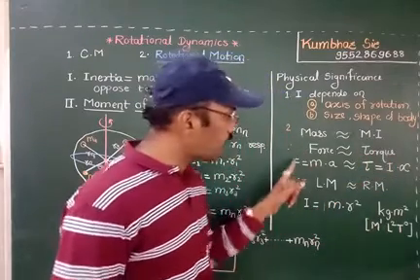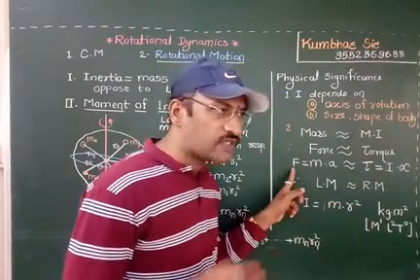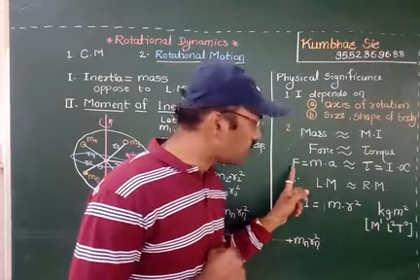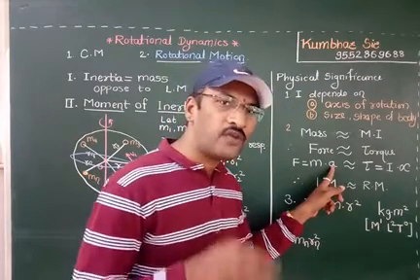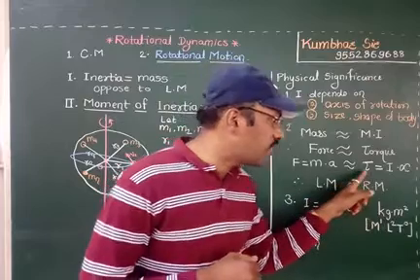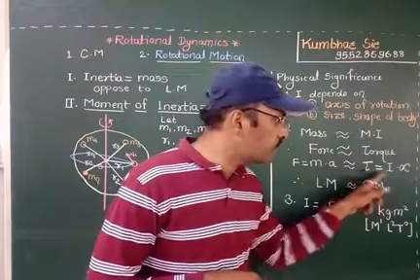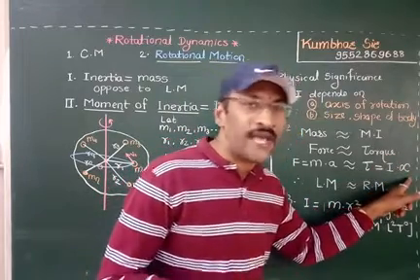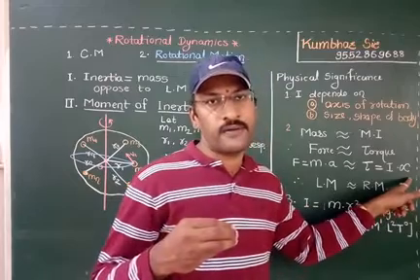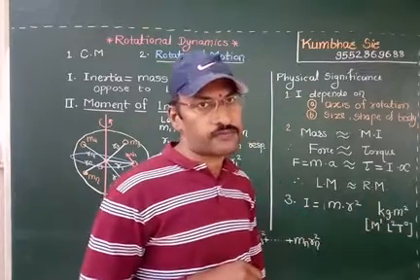Hence, by using Newton's second law, force equals mass into acceleration. And again we know from the 11th standard that torque equals moment of inertia into the angular acceleration of the body in circular motion.